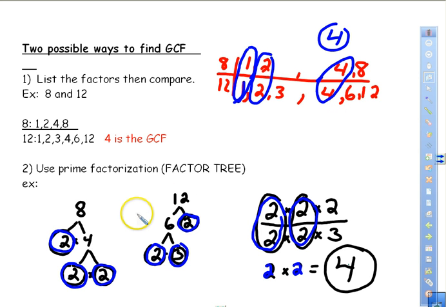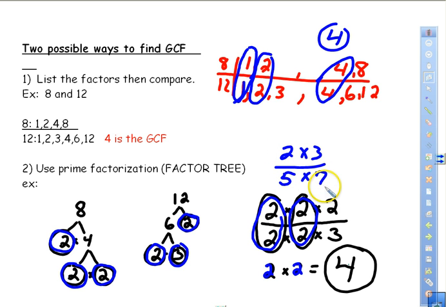Now, listing factors for smaller numbers sometimes is easier. If we have larger numbers, larger digits, then doing the prime factorization many times will work better. One other thing is if you don't have anything that's common amongst these, for example, I have 2 times 3 and then maybe a 5 times a 7.